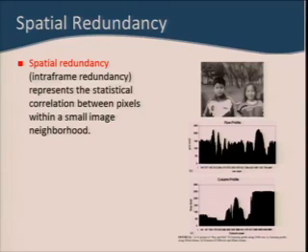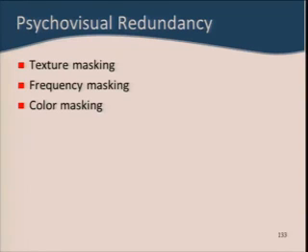As opposed to that, if you reconstruct an image and there is some distortion near this texture region or high frequency region, your eyes are not so sensitive. So you can see that number 1 and 2, the frequency and texture masking, are closely related to each other.